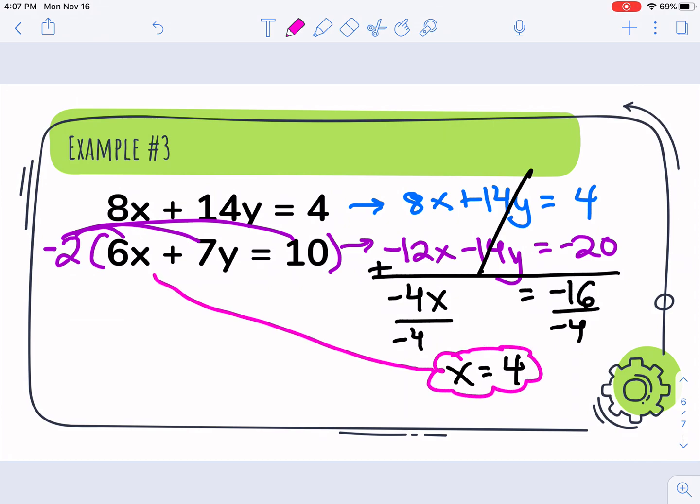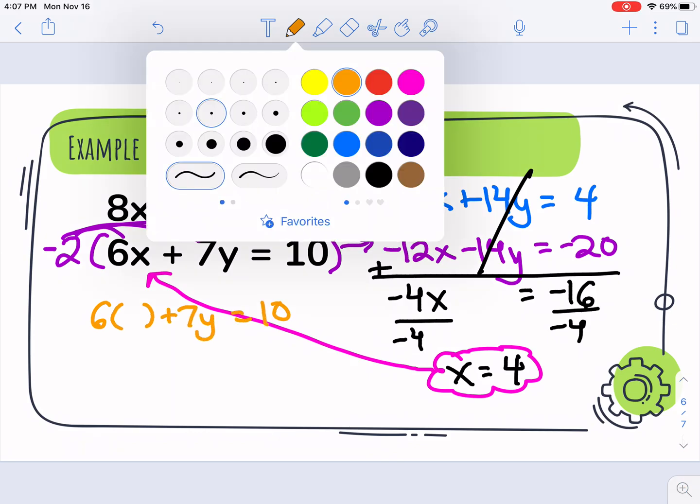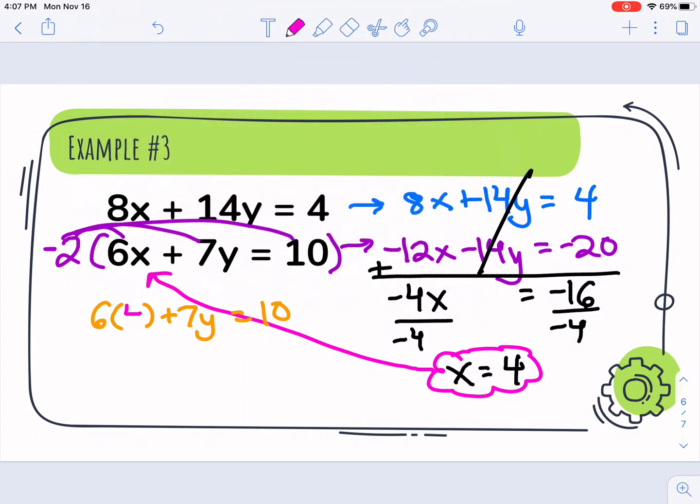I'm going to plug this in for x. So I have 6 times something plus 7y equals 10. And that something is 4, because that's our x. So we have 24 plus 7y equals 10.